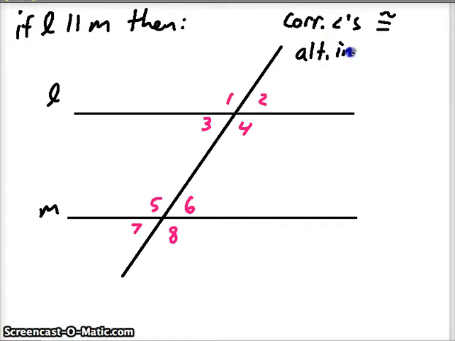Alternate interior angles are also equal. So whatever the measurement of angle 3 is, 6 is going to be the exact same measurement. Whatever the measurement of 4 is, 5 is going to have the exact same measurement. Same is true for alternate exterior angles. They're also congruent. So 2 is going to have the same measurement as 7. 1 is going to have the same measurement as 8.